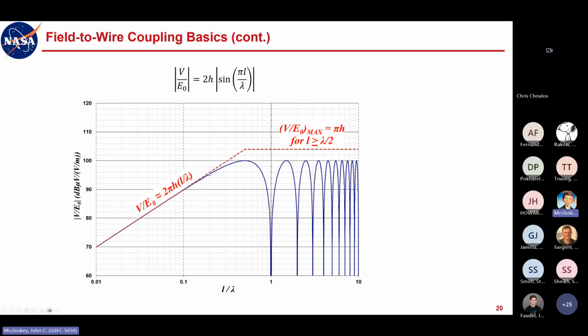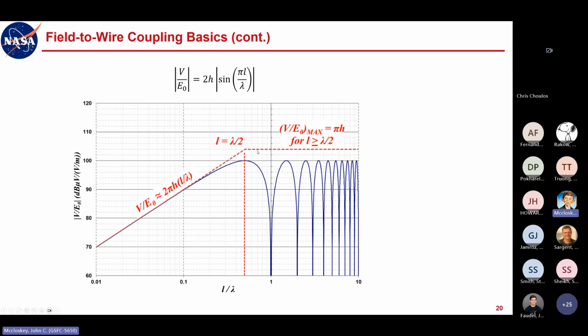And if we extend that line up to where L equals a half wavelength, L equals lambda over 2, and then we basically just take that value where L equals lambda over 2 and plug that into the equation here. So if L equals lambda over 2, that gives you 1/2 in the parentheses, cancels out the 2, you're left with pi H.